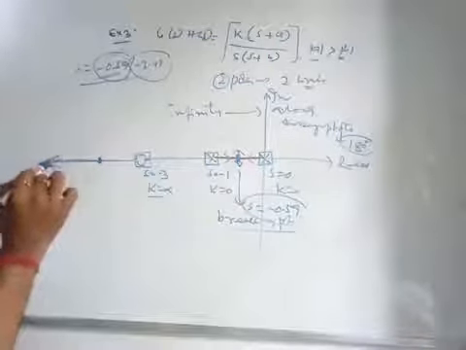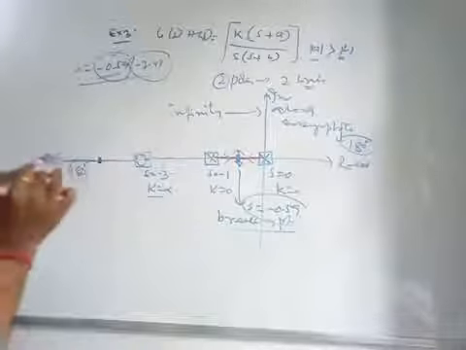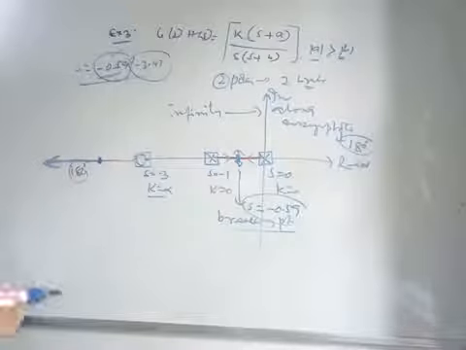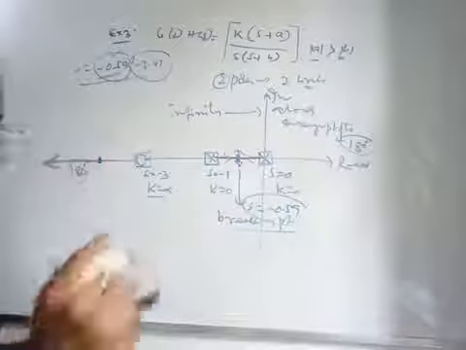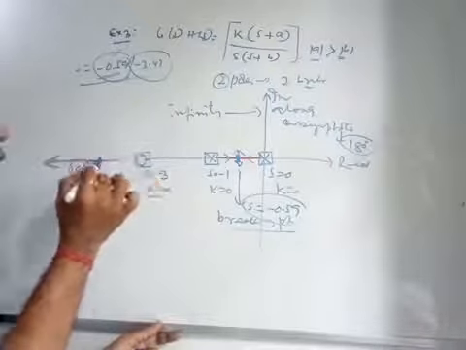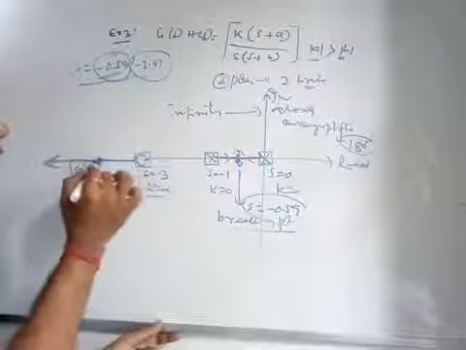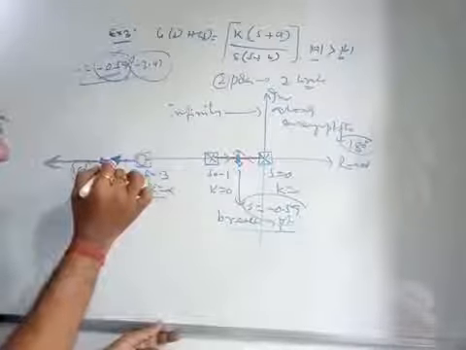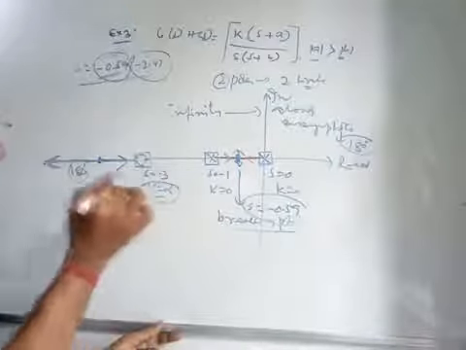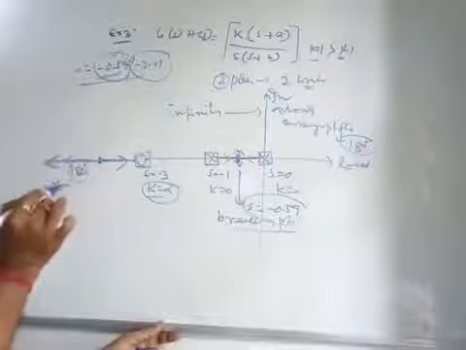Because this is the 180 degree line, the asymptote, through which it will go to infinity. And similarly, in order to reach the 0, they will have to follow only the real axis path. So one branch will terminate at the open loop 0 when k is infinity, and one branch has to terminate at infinity with k is equal to infinity.